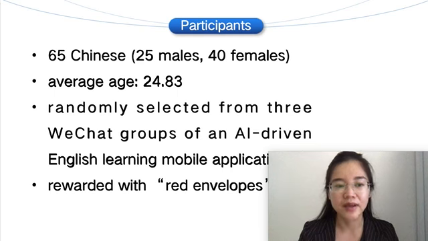WeChat is a platform in China for users to send messages, communicate with each other, and share information, just like WhatsApp. The participants were rewarded with red envelopes, a way of distributing cash through electronic payments, if they actively participated in the study.